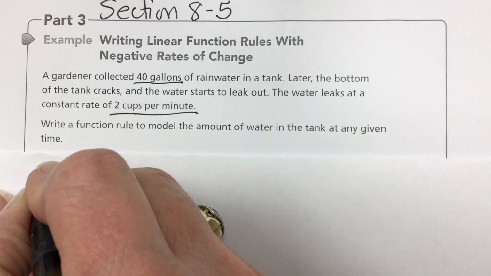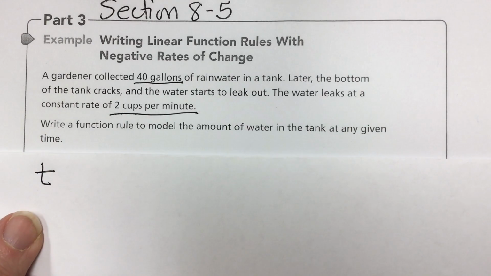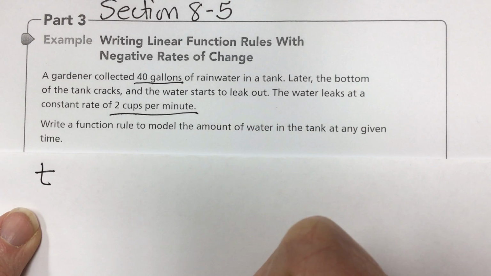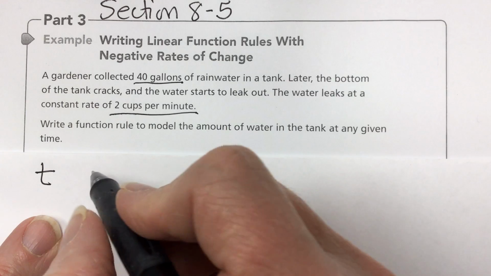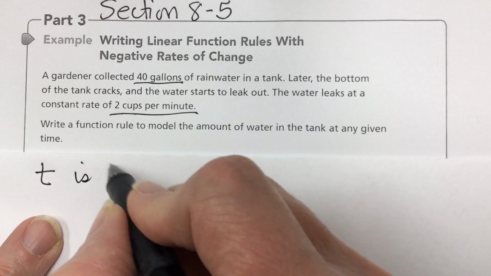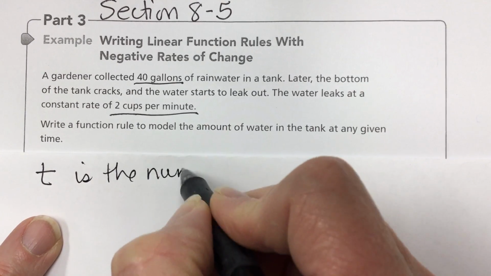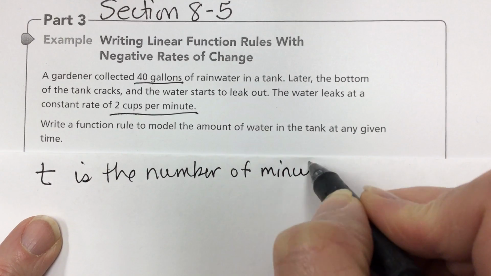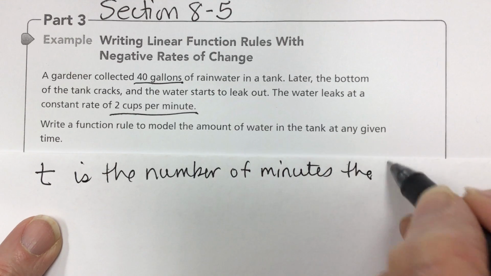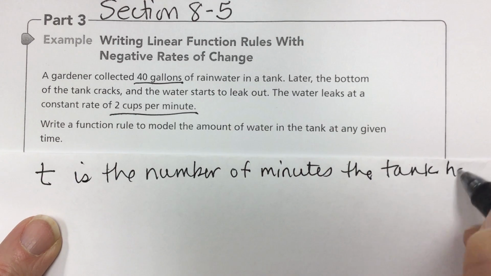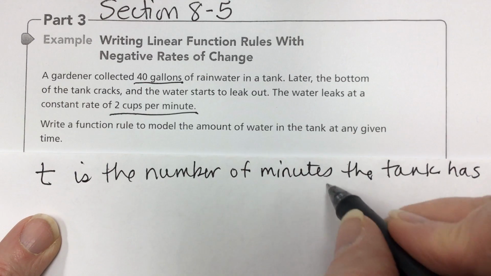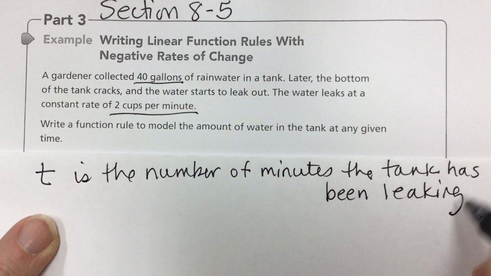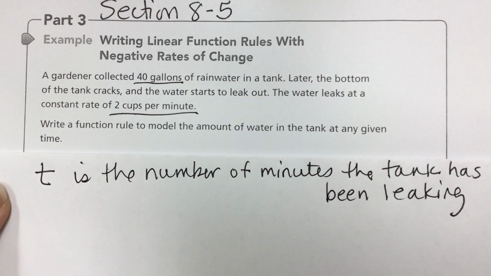So, what we need to do is let's represent some variables. T would be the number of minutes the tank has been leaking. So think of T as time. T is the number of minutes the tank has been leaking. Okay? All right.